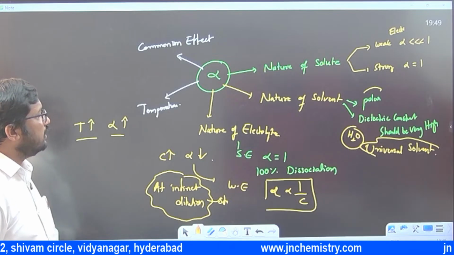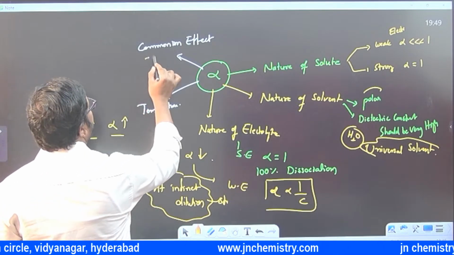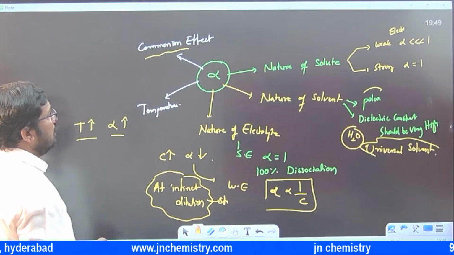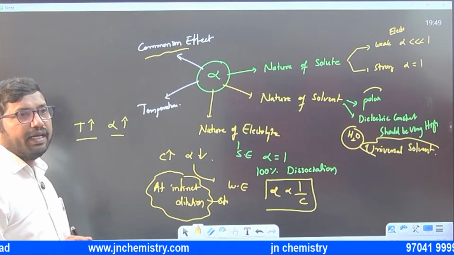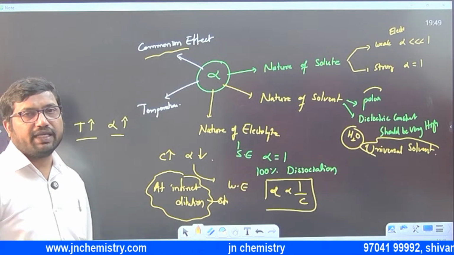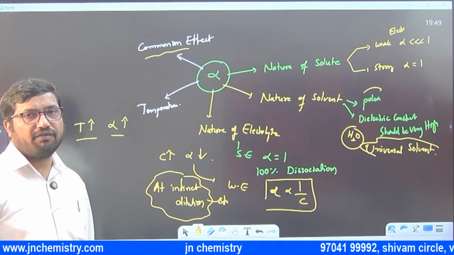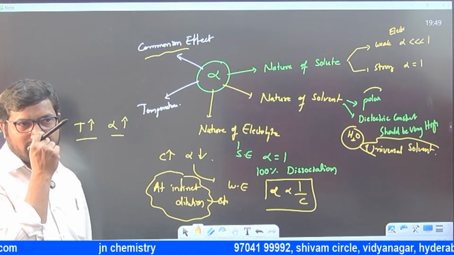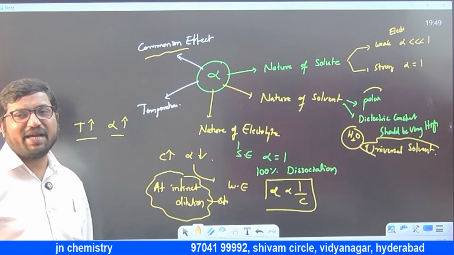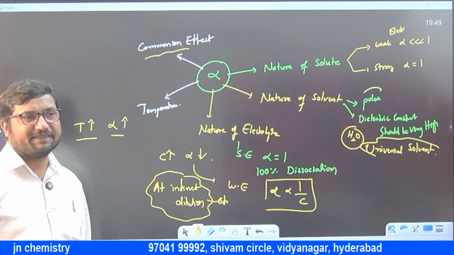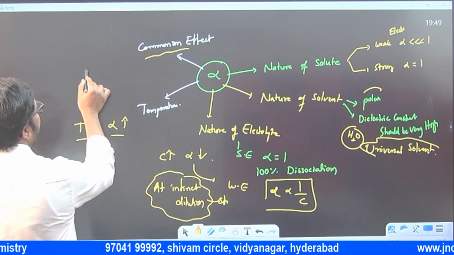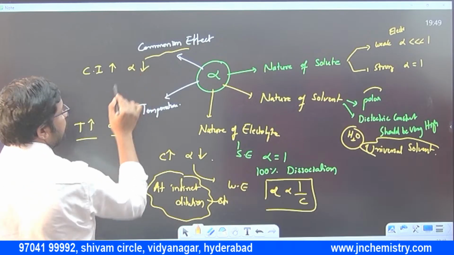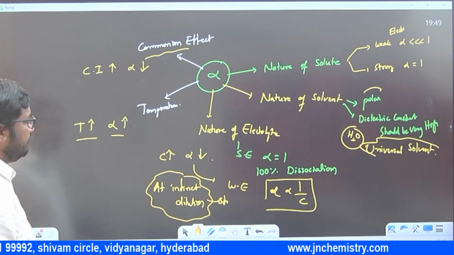Next, common ion effect. I explained this common ion effect in Le Chatelier's principle. If a common ion is there, what happens to the alpha value? Because of the common ion effect, the alpha value decreases.